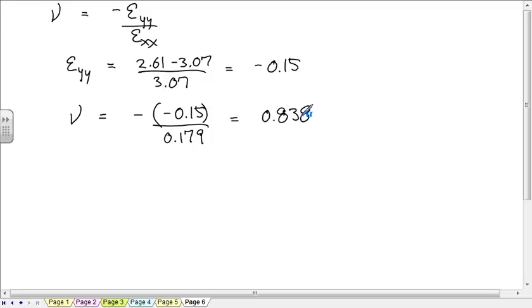I think there might have been some experimental error in there somewhere. Not really allowable, but okay. For our purposes, we'll just go with that.